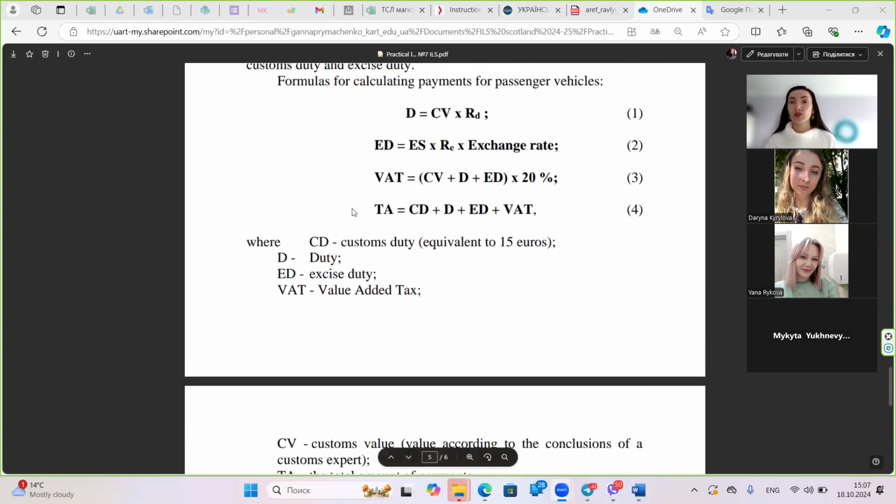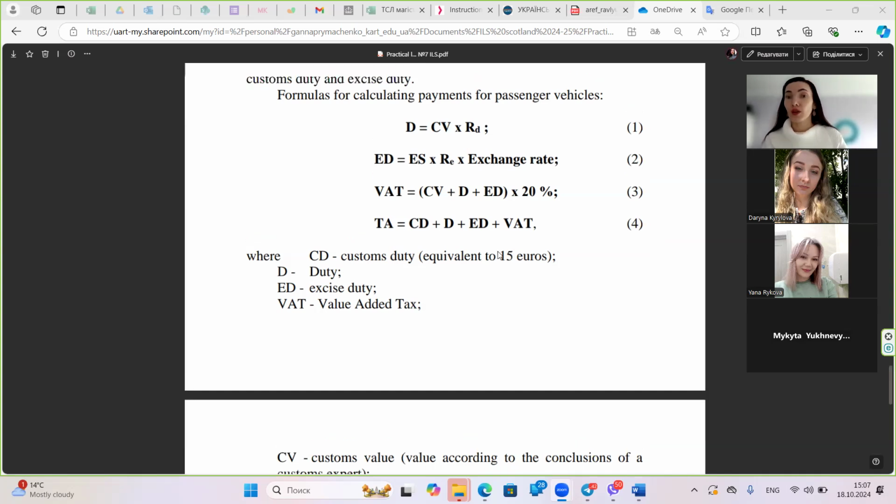So we use TA, short for these parameters. Write, is equal to, find such parameter as CD. Under formula number 4, we can read that CD is customs duty and equivalent to 15 euros. So we write for all variants 15 euros and use the course of today in euros.